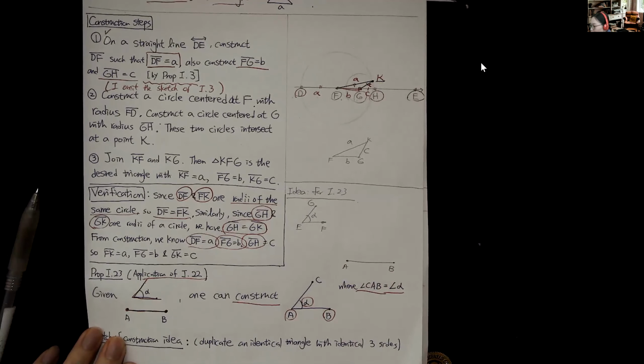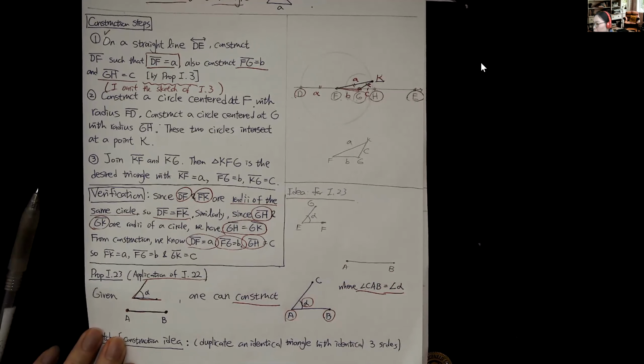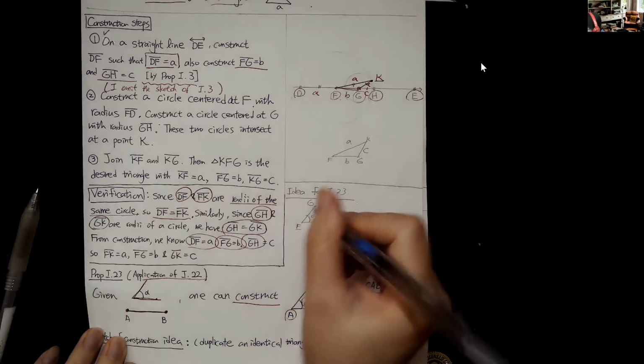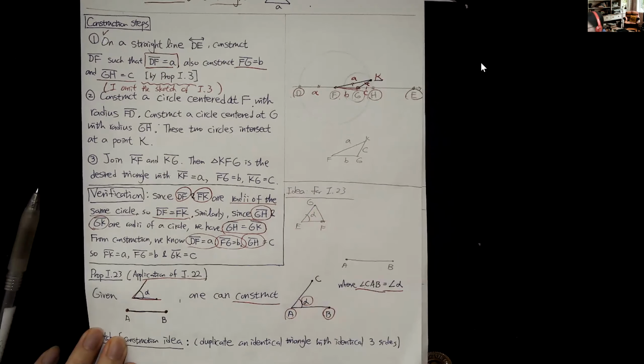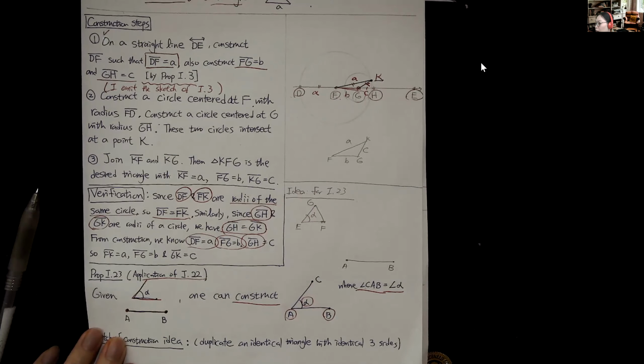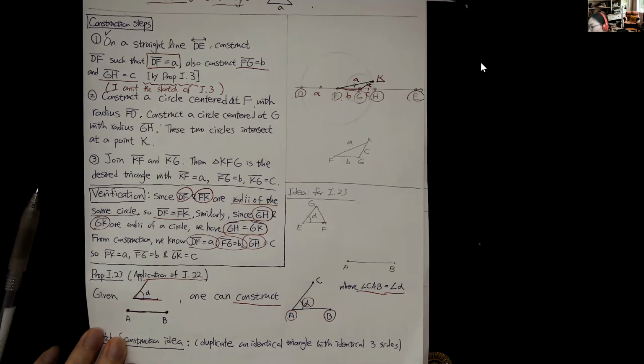The straightforward idea, if we want to use 1.22, is that I just connect these two points on the angle alpha. It doesn't matter how long it is, as long as I can form the triangle EFG.